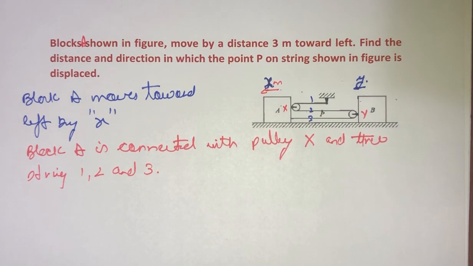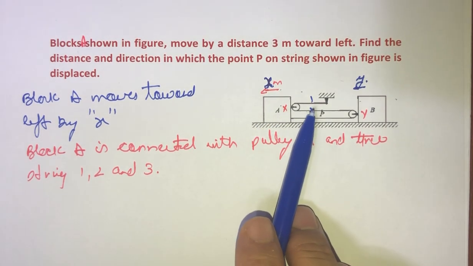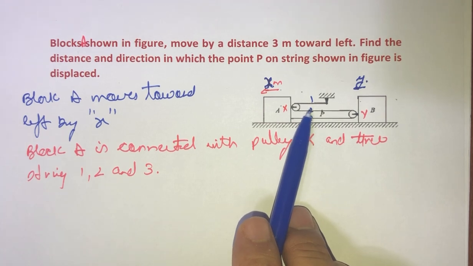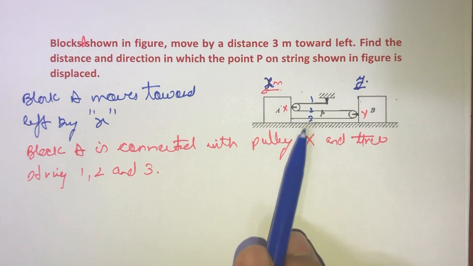So what happens is that as block A moves towards left, the total slack that will be coming or being associated with block A will be of strings 1, 2 and 3.